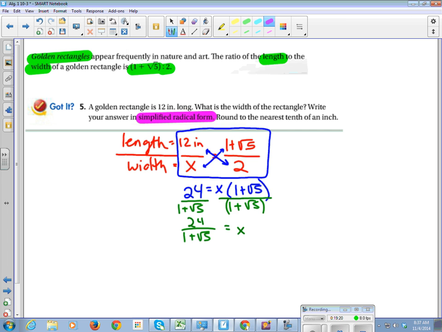And then we're going to throw it into our calculator and get a decimal approximation. So if I want to write this in simplified radical form, I multiply by the conjugate. And I get 24 times 1 minus root 5 divided by 1 squared minus root 5 squared.